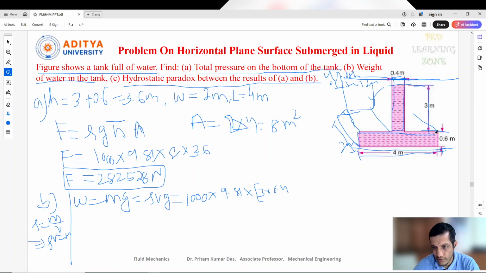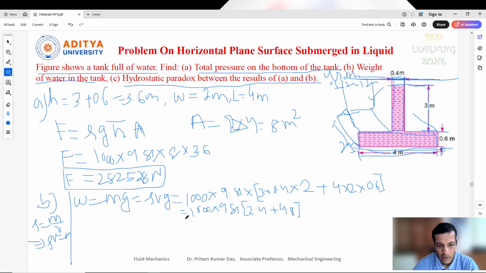The width is fixed, that is 2 meter, and for this we can write 3 into 0.4 into 2 width, plus this one will be similarly 4 into your width 2, and this height is 0.6. So we can write 1000 into 9.81, and this will be 6 into 0.4, that is 2.4, plus this one 8 into 0.6, that is 4.8.